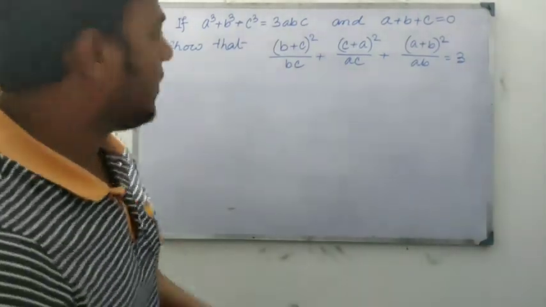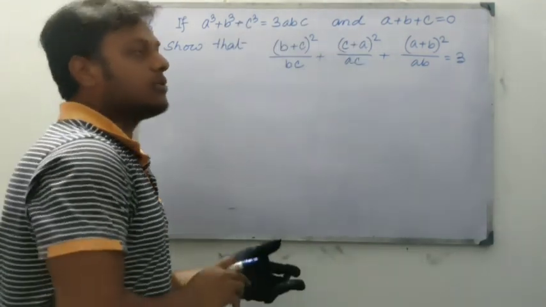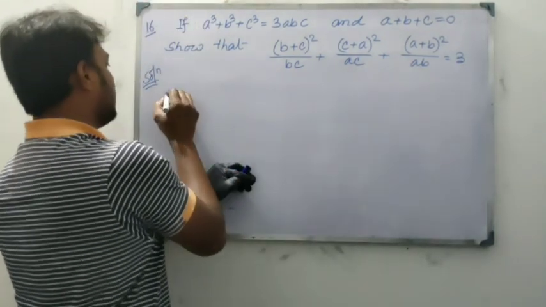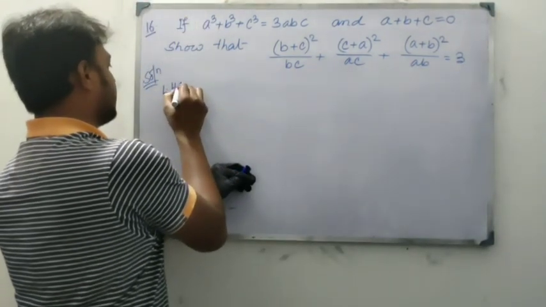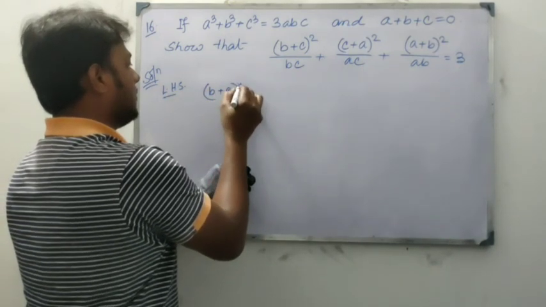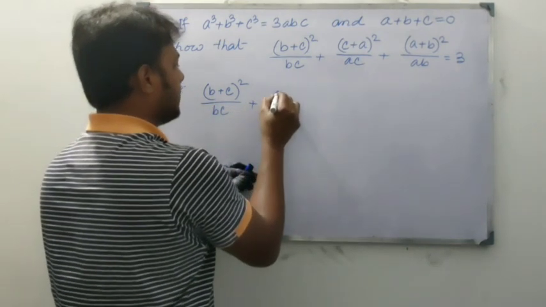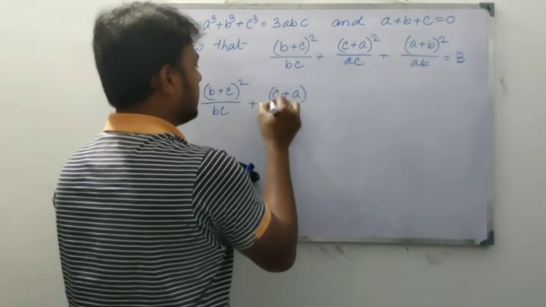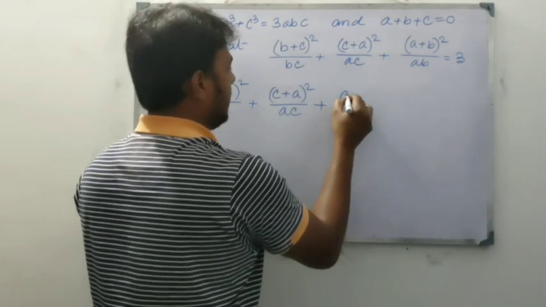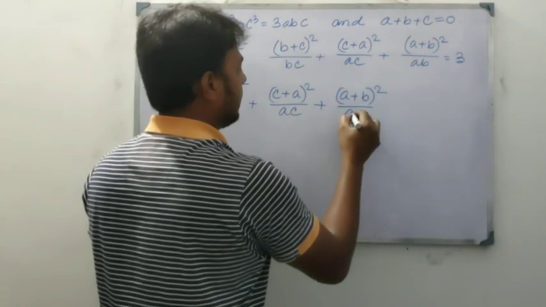Here it is given that a cube plus b cube plus c cube equals 3abc and a plus b plus c equals 0. You have to prove that this equals 3. So I am considering the left hand side: (b plus c) whole square by bc plus (c plus a) whole square by ac plus (a plus b) whole square by ab.